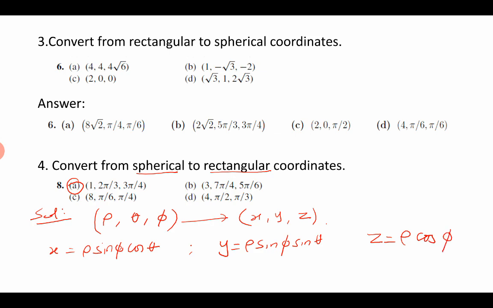So when we choose problem A, rho is 1, theta is 2 pi by 3, and phi is 3 pi by 4. We use our calculator properly, so x is rho, 1, sine phi, phi is 3 pi by 4. Be careful, do not use theta instead of phi. Phi is 3 pi by 4 and cosine 2 pi by 3.